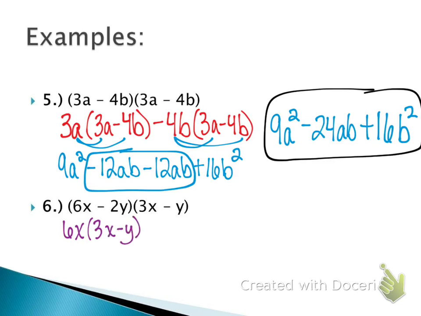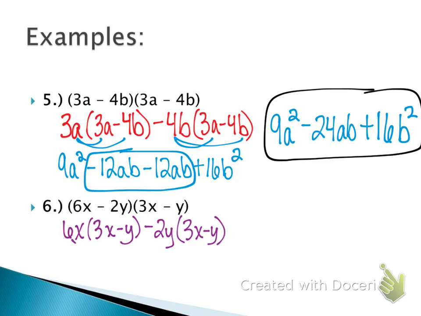I need the second term from the first binomial. Kelby? That's the second binomial. I need the second term from the front. Good. So the second term was the negative 2y. And then we reuse that same second binomial, which was the 3x minus y.